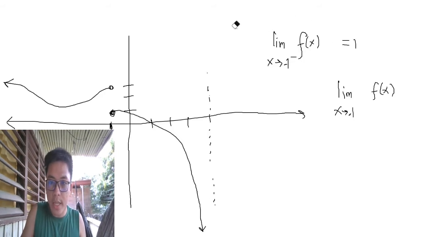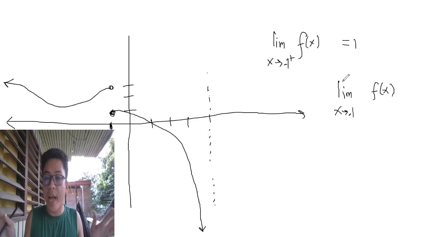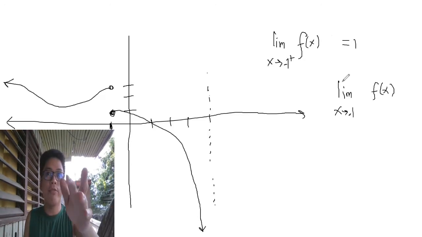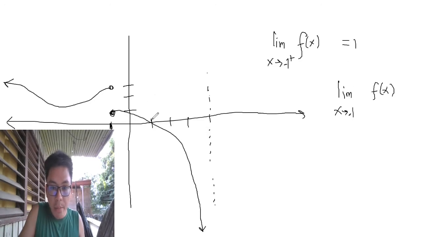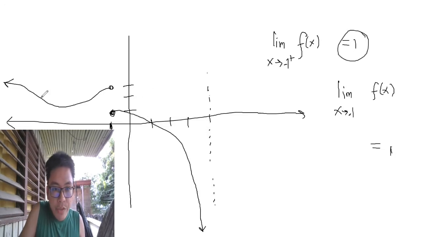That simply tells us that we're actually taking both sides of negative 1, like what we have done earlier when we were interested to find the limit of f of x as x approaches 1. We're taking both sides, the right and the left. Starting from the right of negative 1, that's actually 1, like what we have solved here. However, starting from the left of negative 1 going to negative 1, the corresponding value is 3.